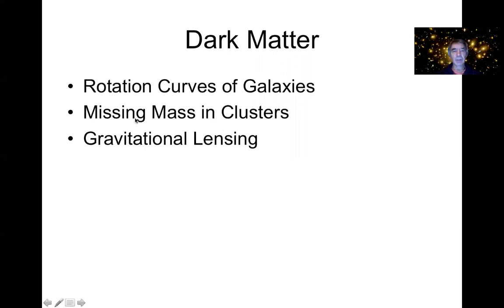I'll then look at 2 other ways we can get a measure of dark matter. These will be using whole clusters of galaxies, so actually pretty much the example I just gave. And then we'll finish up touching on gravitational lensing, another interesting idea where we can probe this dark matter phenomenon.